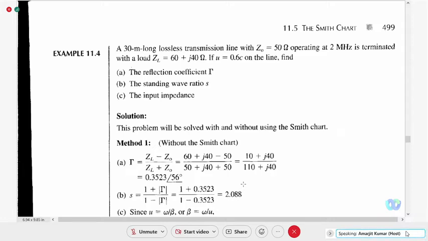So basically lambda will be 2 pi upon beta, so lambda will be u upon f directly. u upon f means 0.6 into 3 into 10 to the power 8 divided by 2 into 10 to the power 6. That is 0.6 into 3, 1.8 divided by 2, so 0.9 into 10 to the power 2. So 90 meter is the wavelength.